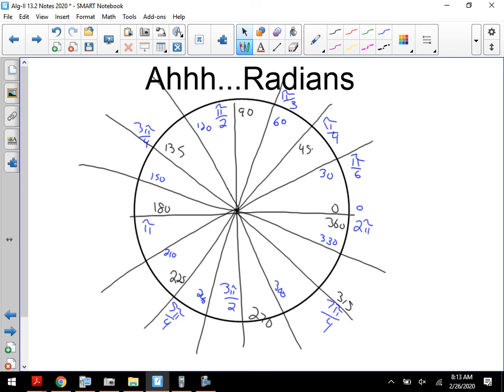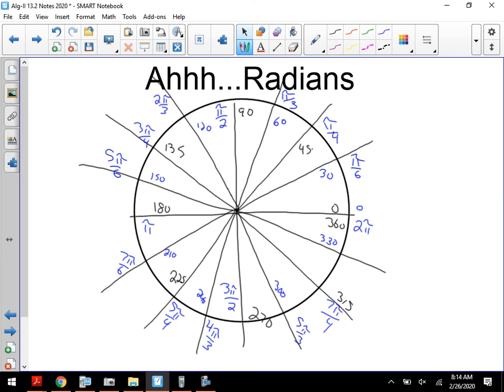Add a third to that: 1 6, 2 6, 3 6, 4 6, which is 2/3. 5 6. 6 6 is the whole. 7 6. 8 6, which is 4 pi over 3. 9 6 gives me 3 pi over 2. 10 6 is 5 pi over 3.